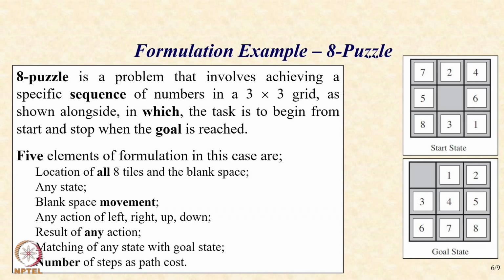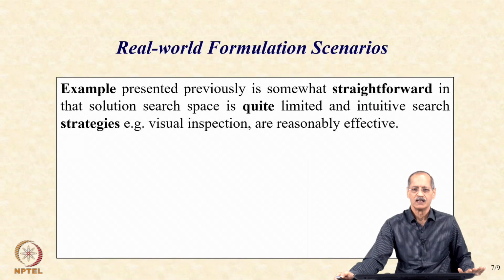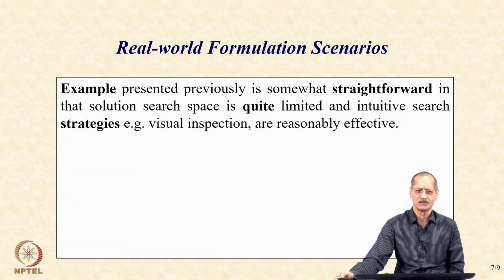And many times what you are doing is you just keep randomly changing until you see where what color is going, and based on that you take the next step of action. So, it is something similar to that. Now, of course, this is quite straightforward, the solution strategy that we have seen, that you just keep moving the tiles and seeing where, and many of the search strategies that you will see are intuitive.